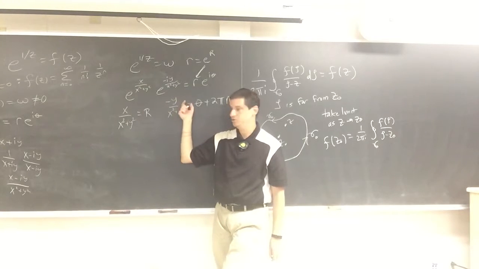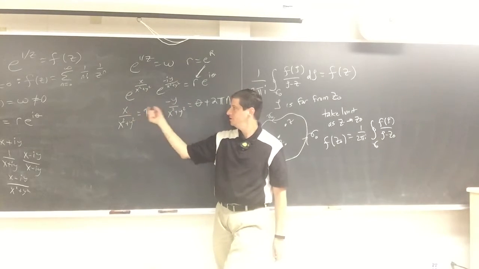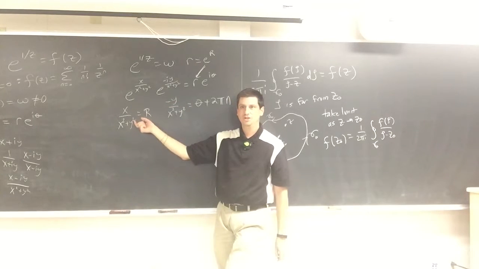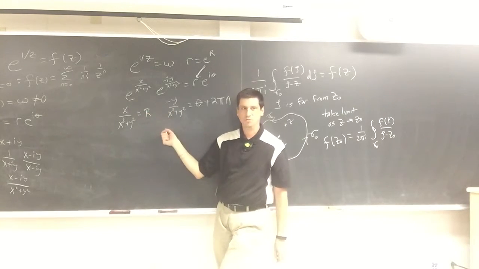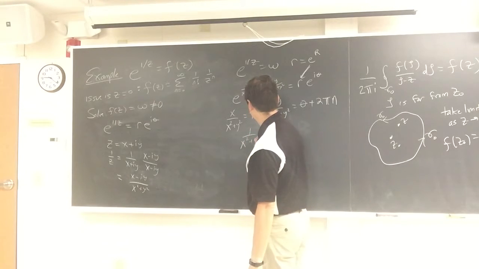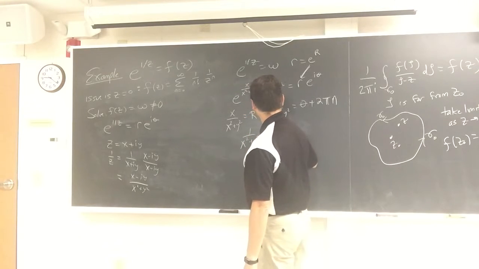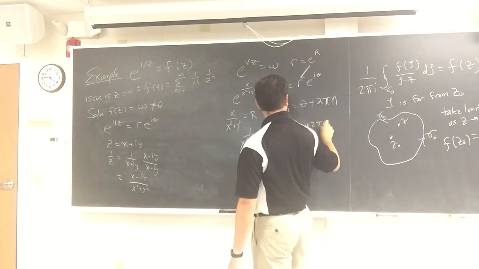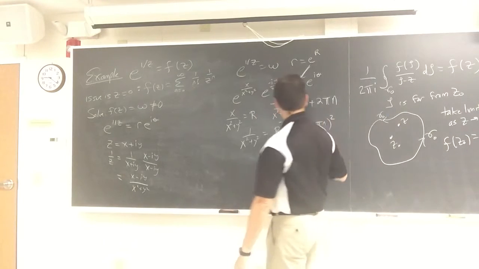We could also square each. Then we would have x squared, we would have y squared, x squared plus y squared squared. So when we add them together, you would have 1 over x squared plus y squared would be r squared plus theta plus 2 pi n squared.